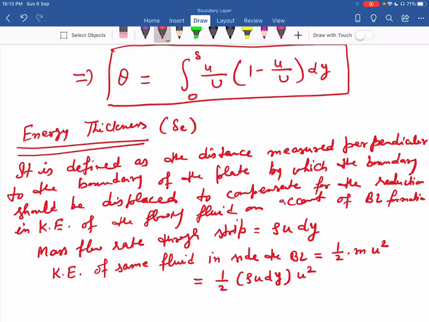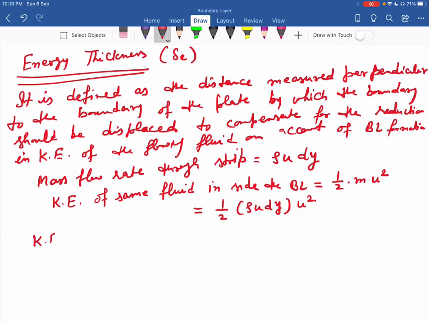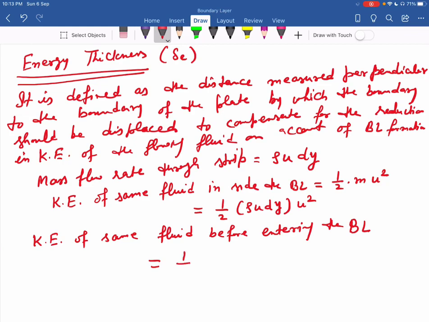Okay, so now I can write the kinetic energy of the same fluid before entering the boundary layer. That is equal to half into mass into the velocity of the layer. Before the boundary layer, the velocity is capital U, so half into mass into velocity square.